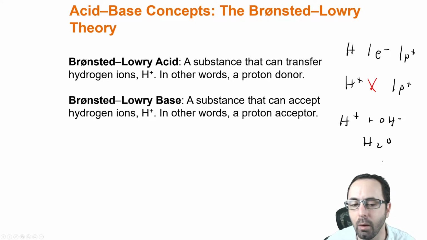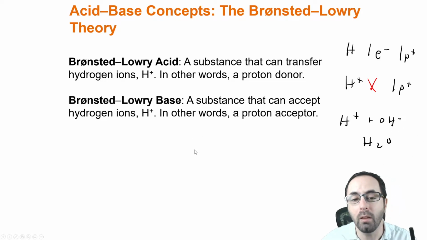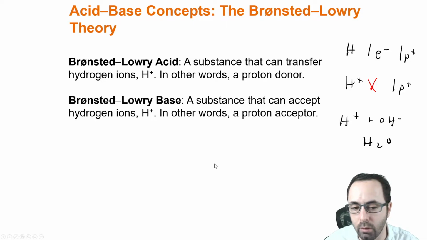The Brønsted-Lowry definition includes all substances that could accept a proton to make something else, not just hydroxide. So it's a lot more general, and it's the definition that we generally stick to nowadays. Arrhenius is a historical definition. Brønsted-Lowry is the definition that's most commonly used.